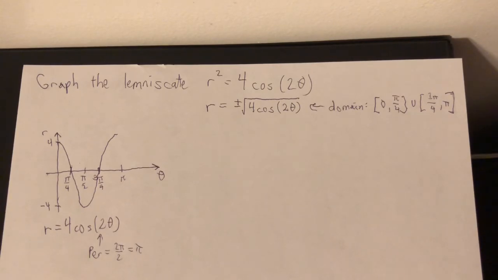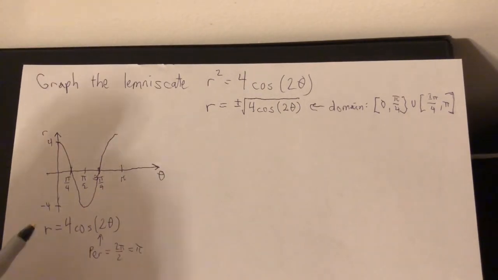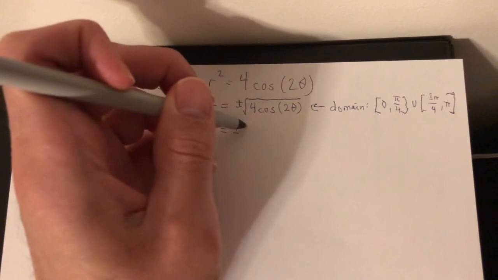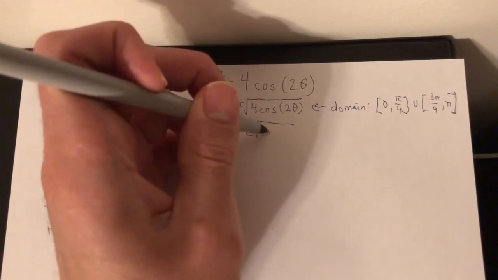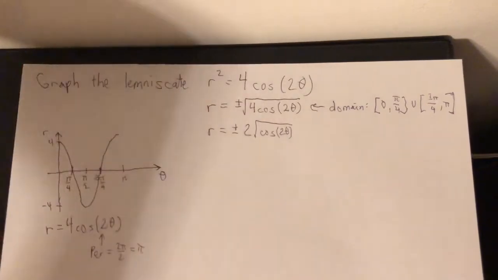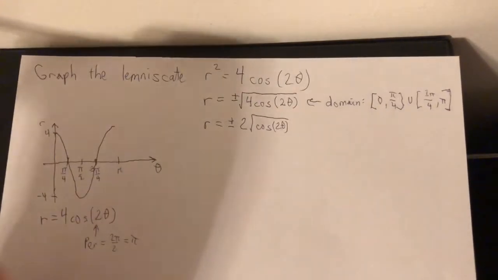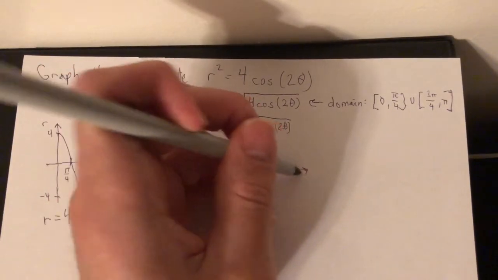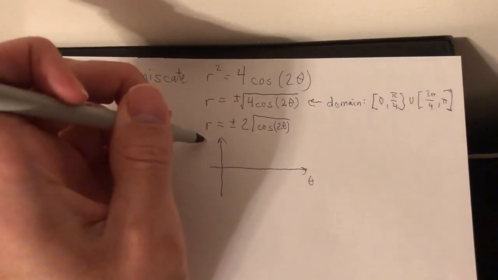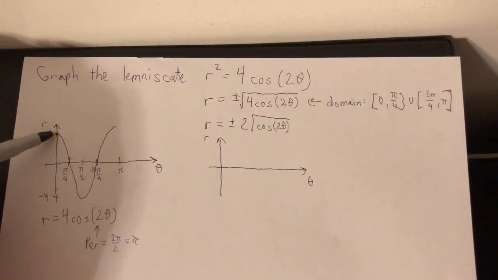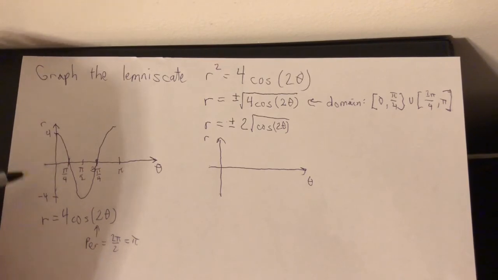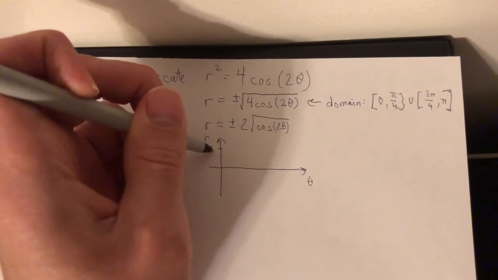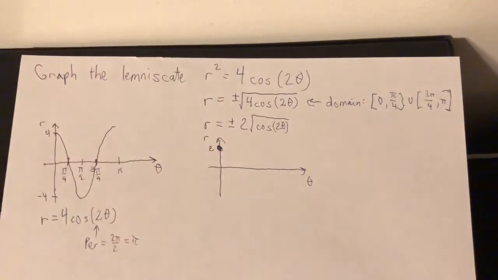So let's see what happens. When I take the square root of this, still looking at the theta r plane, I'm going to get r equals plus or minus 2 radical cosine of 2 theta. So if I think about taking this curve and taking its square root, well, the square root of 4 is going to be 2, so instead of the point (0, 4), I'm going to have the point (0, 2) on my graph.